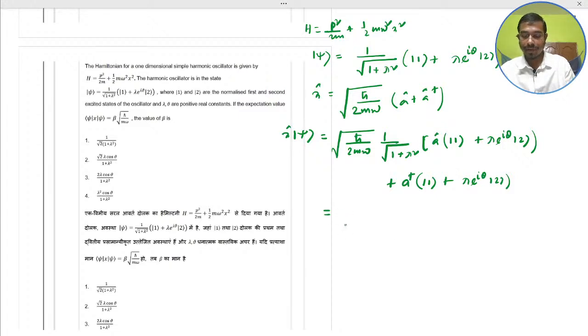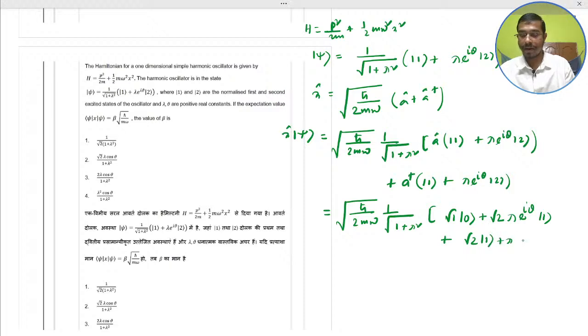So the final result would be root over h cross by twice m omega, 1 by root over 1 plus lambda square, times root 1 ket 0 plus root 2 lambda e to the power i theta ket 1 plus root 2, 1 plus lambda e to the power i theta root 3 ket 3.